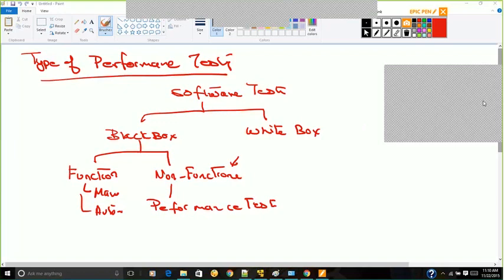You said there is no function to be tested. Then what are you testing? If you're not testing an application, then what are you testing? You are testing the same application, right? We won't be keying in any data or something like that.